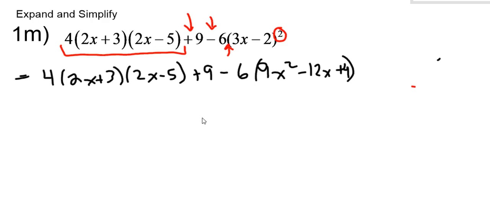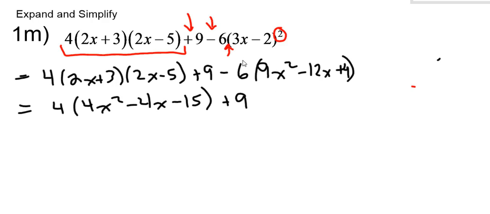So now, anywhere that I have multiply, I'm going to start to work on multiply. So again, I'm going to leave that negative 4, and I'm going to do these two brackets. So 4x squared, negative 10 plus 6 is negative 4x minus 15. And I'm going to multiply this bracket by negative 6. So that's one thing you can do.